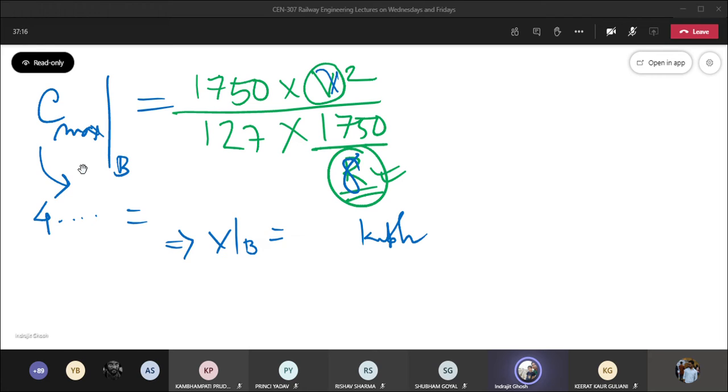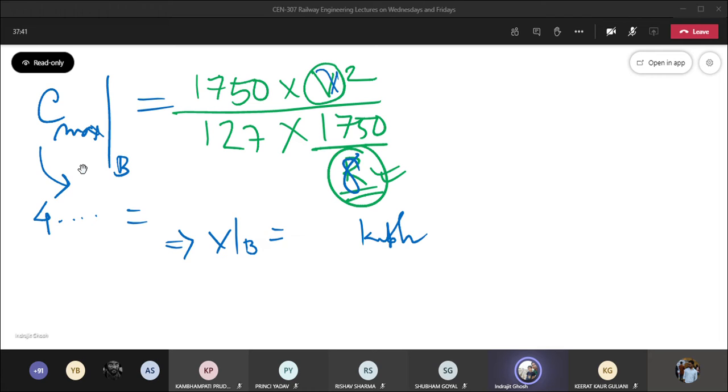When you know C max, you can come up with the value of C cant, C actual. Now that is the C for the branch line. When it is C for the main line, just change the sign. Okay. Yes, sir. In that way you'll be able to do it.